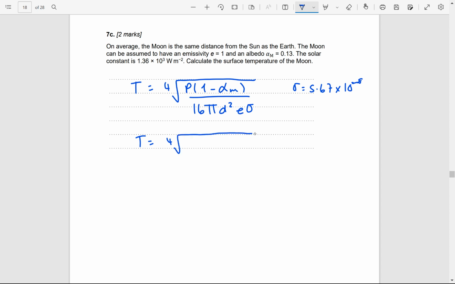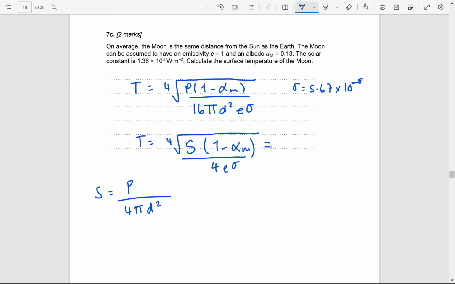So T is the fourth root of the solar constant. If you're not sure, the solar constant is that. I think that's in your formula booklet. So the solar constant here is S. We've got 16 and 4, so we've still got a factor of 4.